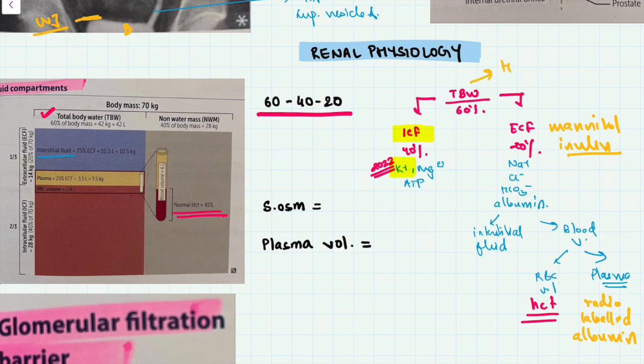For total body water, you can use tritium or deuterium, and the intracellular volume is not calculated directly. It is calculated by subtracting total body water and the extracellular volume, right?